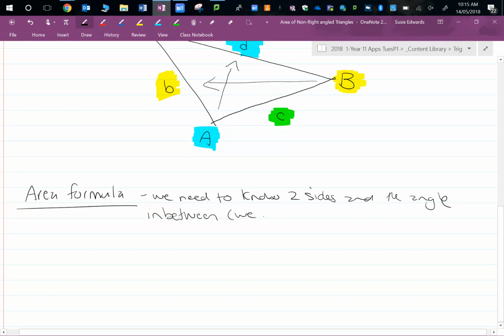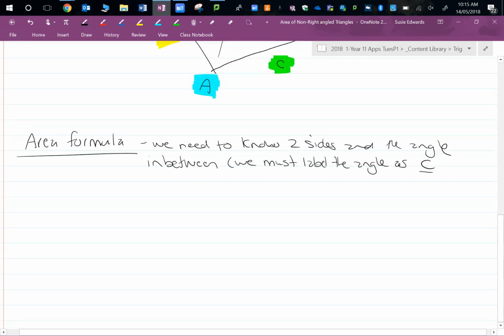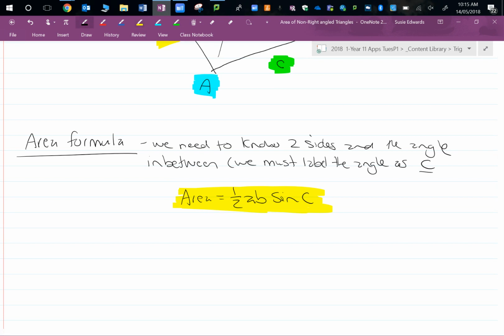We must label the angle as C, okay, for this formula to work. If you think about it, area equals half ab sine C. That's our rule. That's in your formula sheet. Half ab sine C.